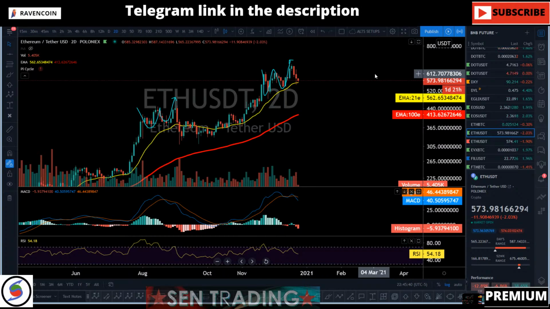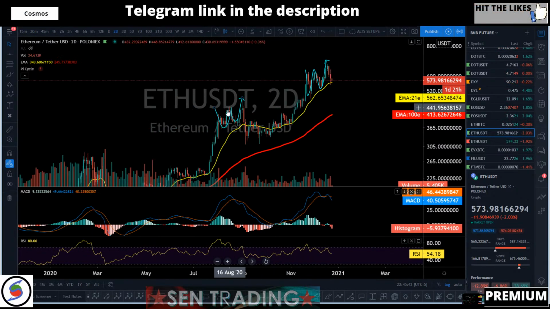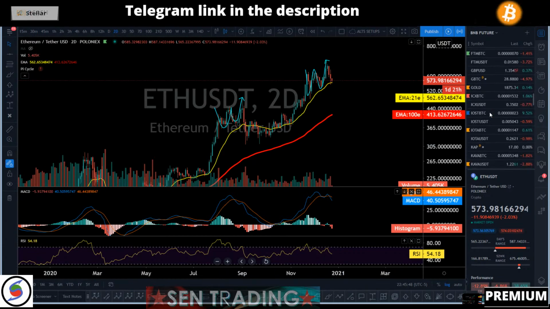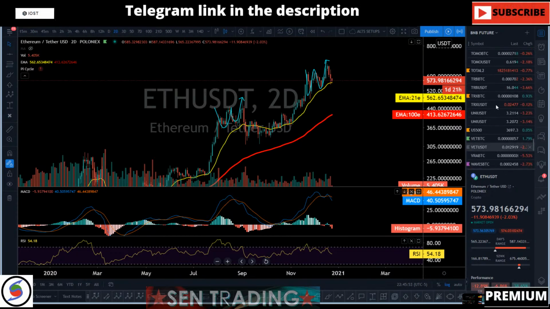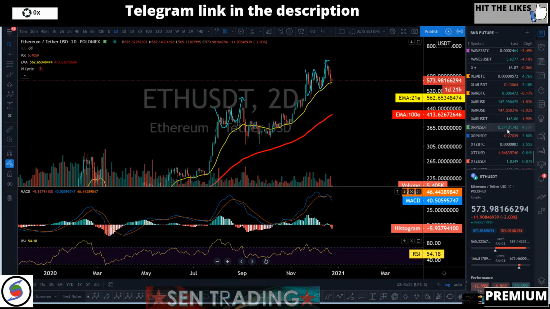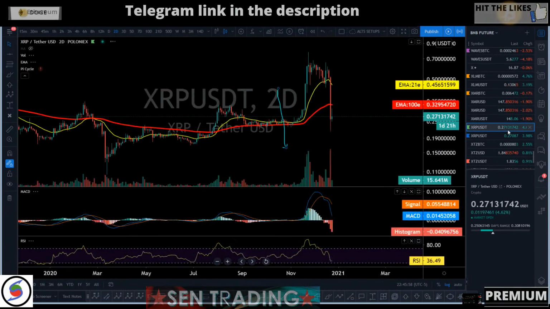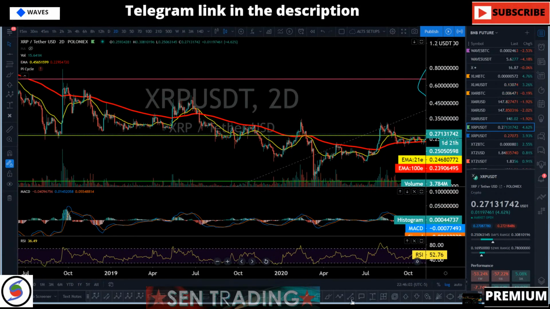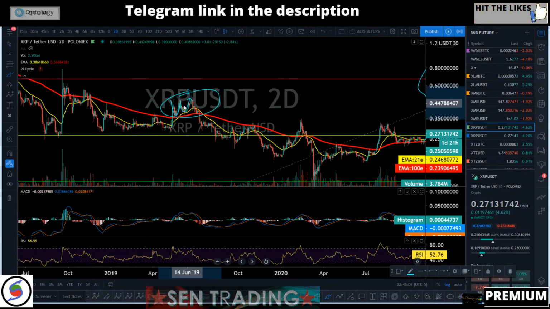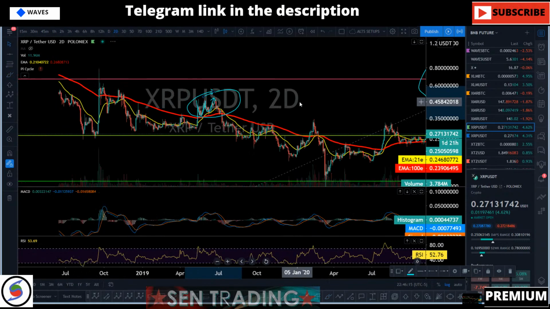This pattern we also used back in 2019 on XRP, right here. We also used it on Link back in 2019, called for a Link reversal, and Link did the same thing again.